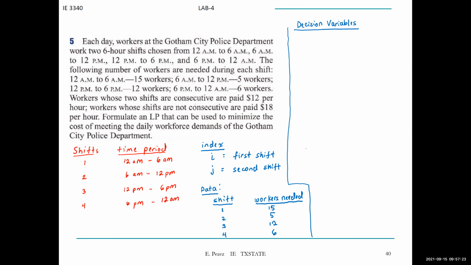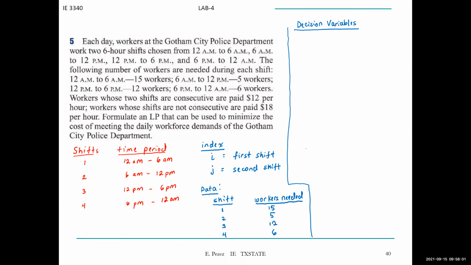As a modeling technique, we can define indexes for our decision variables. In this problem, we can formulate the decision variables using, instead of just 1 index, 2 indexes that represent each shift. We can use i to represent the first shift and j the second shift. So what is the idea? The idea is that we can find all the possible combinations of shifts that will satisfy the combinations needed for these different shifts.